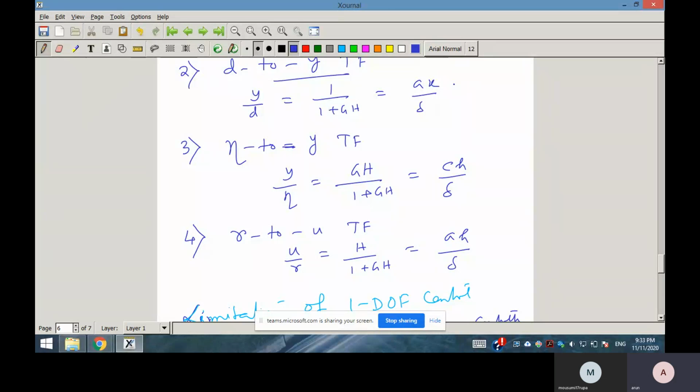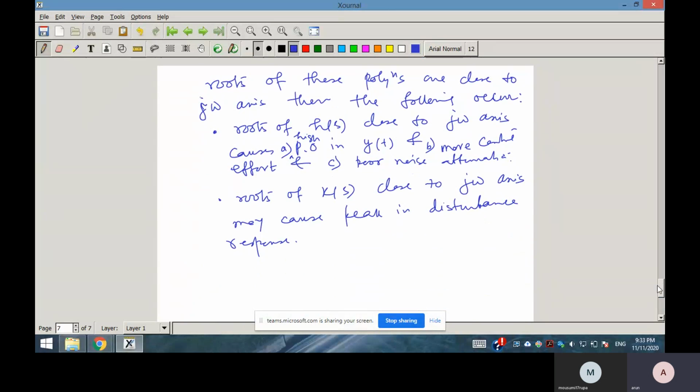particularly if they are in the right half plane, right half plane zero, then it will be a problem. So there will be a peak in the disturbance response, or a peaky output, a peak in your yt, the tracking response, then a peak in the control effort.